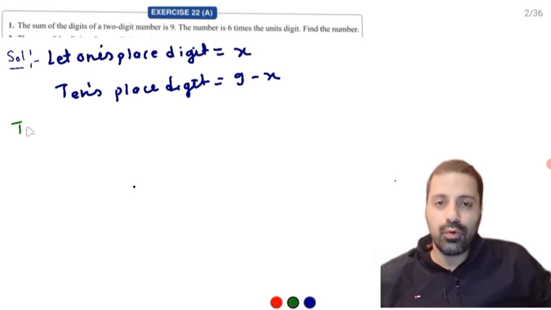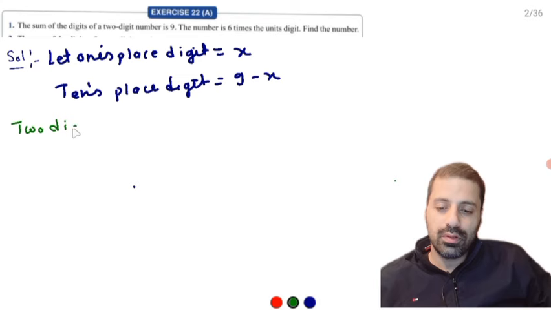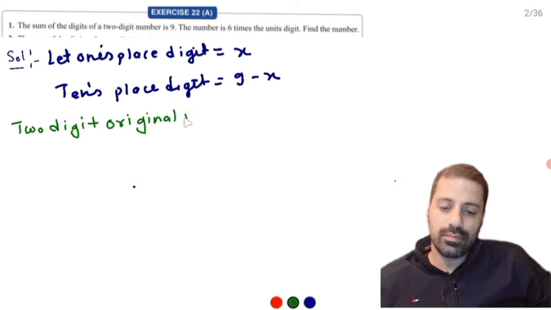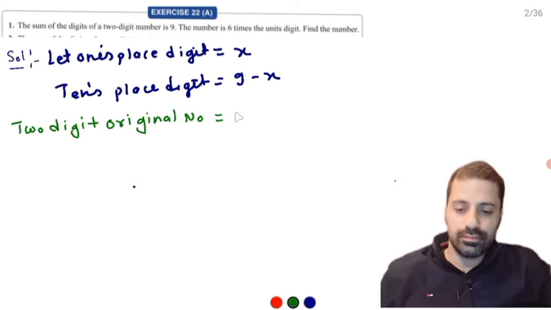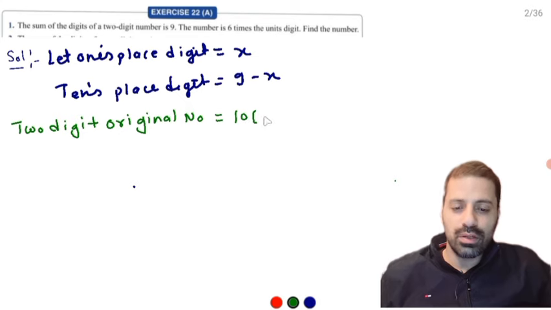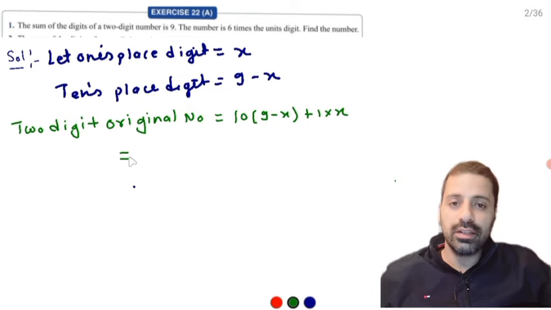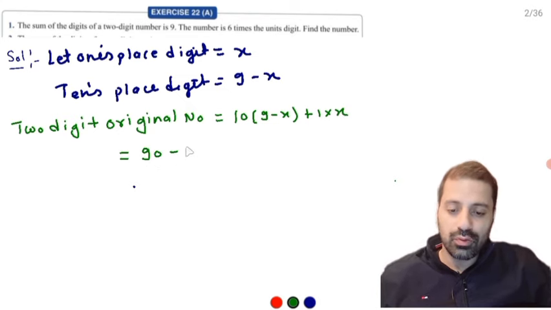Now we have to form a two-digit number. The original two-digit number here will be 10 multiplied by the tens place digit, and 1 multiplied by the digit at the ones place, that is x. So now simplify this. We have 90 minus 10x plus 1x.